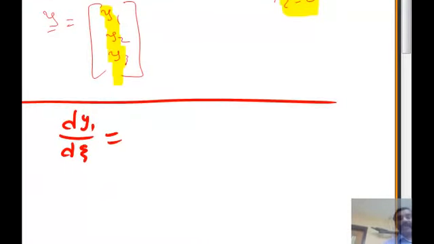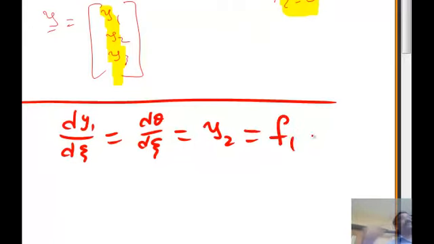When I take the derivative of that, on the right hand side I have d theta d psi. But d theta d psi from the second equation is the same as y2. So you set that equal to y2. That is your first function. So the first function is simply y2. It's not a complicated function. It's a linear function. Okay?